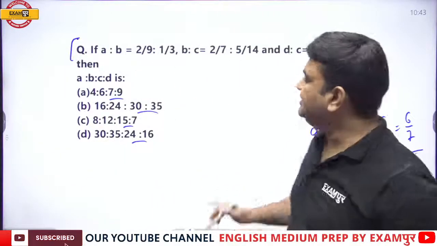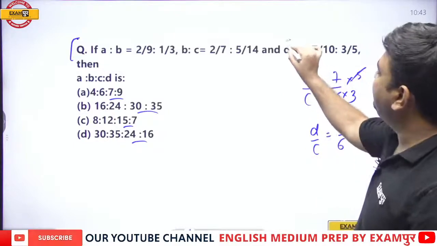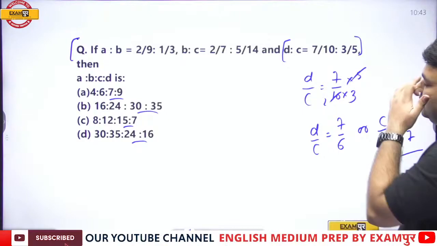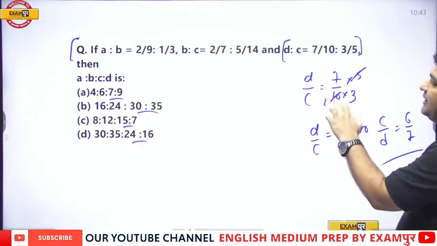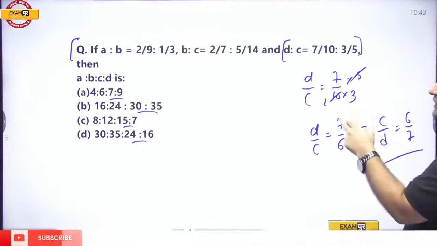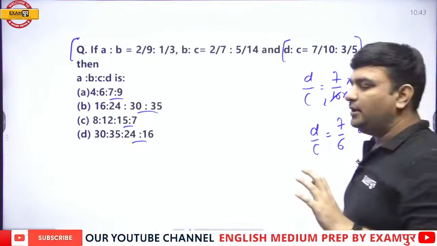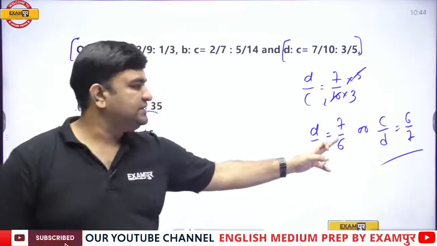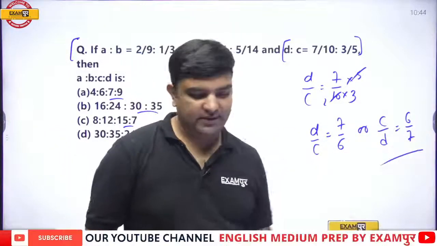So we picked up C ratio D, the initial ratio. So D by C is 7 by 10 into 3 by 5. 5 2s are 10, 7 by 6. So D by C is 7 by 6, or you can say C by D is 6 by 7.